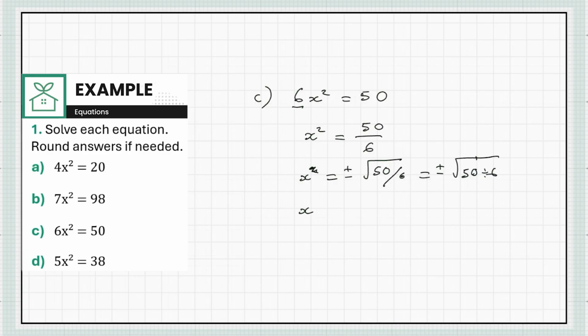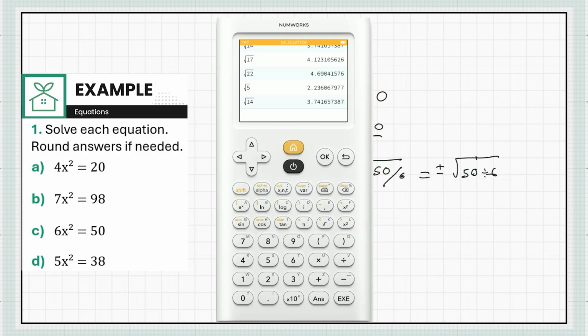So let's do that on the calculator. We do the square root of 50 divided by 6. Hit execute, and we get this approximation: 2.88675136. Now we're only interested in 2 decimal places, so we're just going to write 2.886.